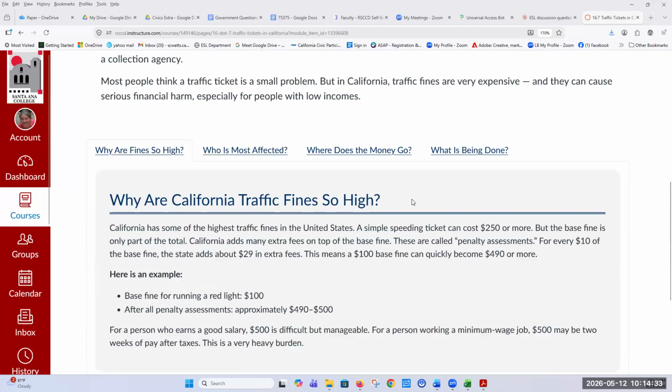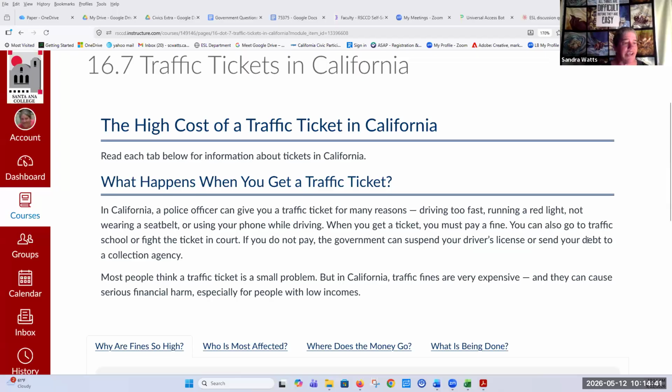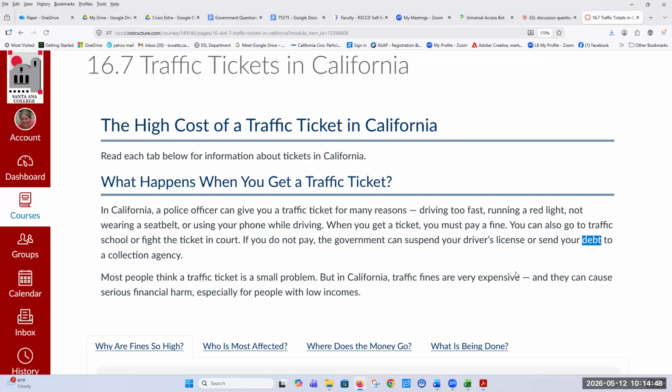Teacher, why debt to a collection agency? Debt is any money that you owe, that you have to pay.